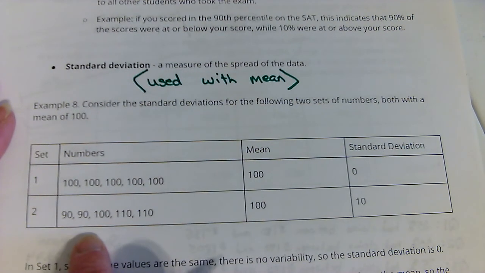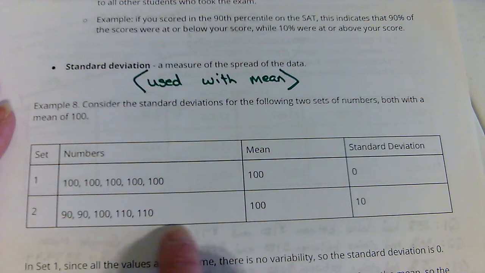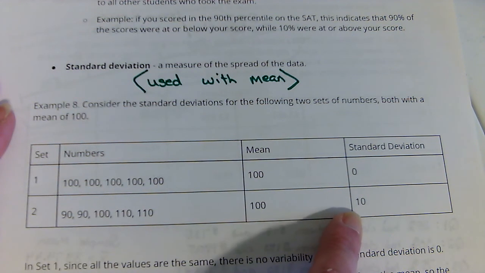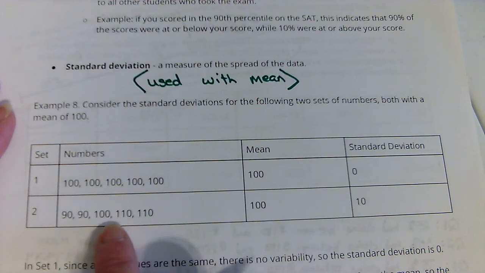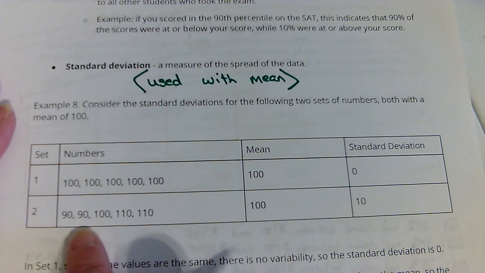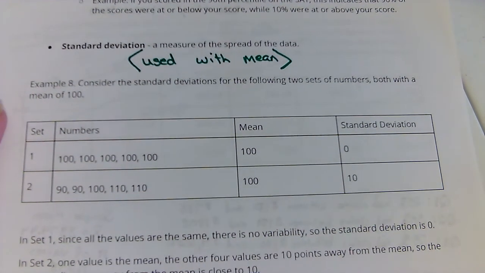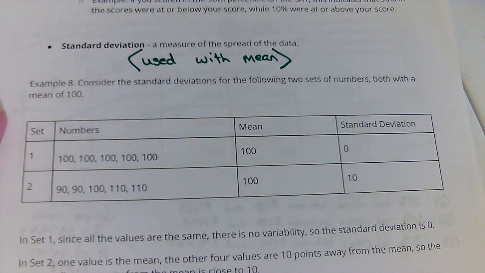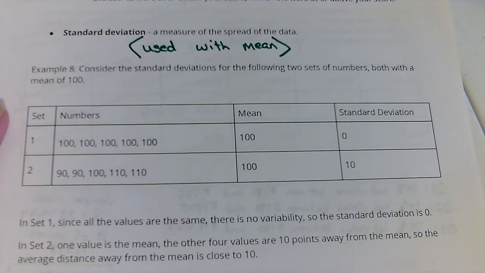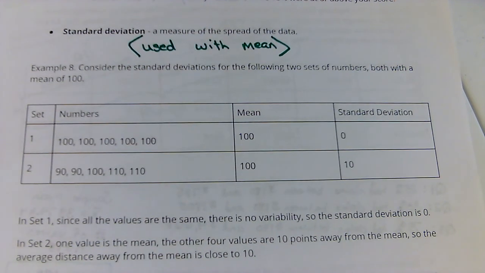Now this set of numbers also has an average of 100 with a standard deviation of 10. So the spread is 10 points away from that average of 100. So when we talk about standard deviation, we're talking about how far away things are from the mean, from the average.